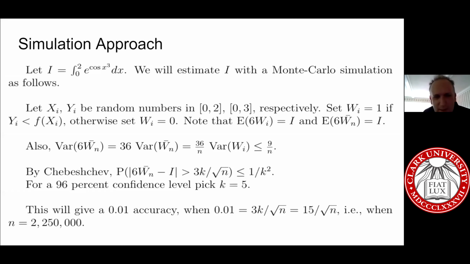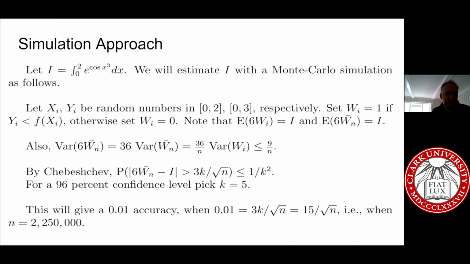So I can bound that. Variance of w_n bar is sigma squared over n. So I get 36 over n sigma squared. And I bound sigma squared again by a quarter. And so I get 9 over n. So the variance of the estimator for the integral is 9 over n.